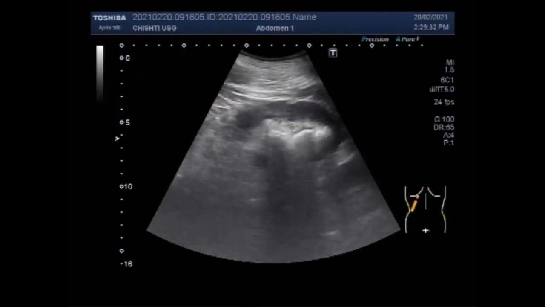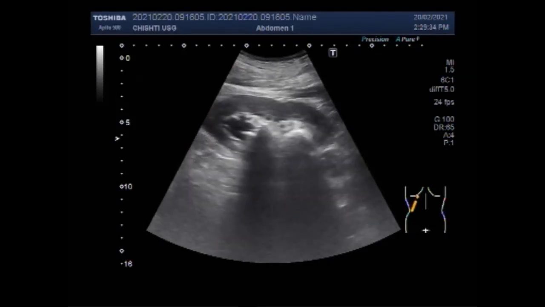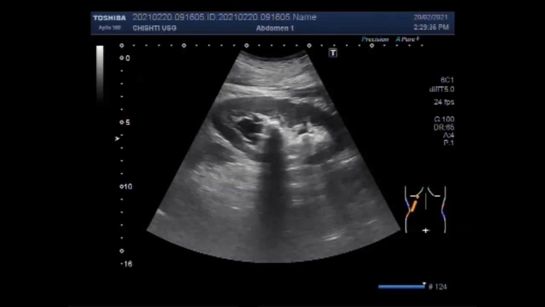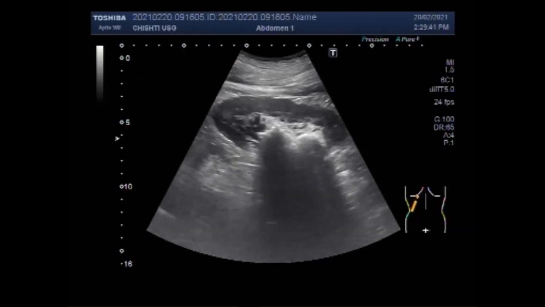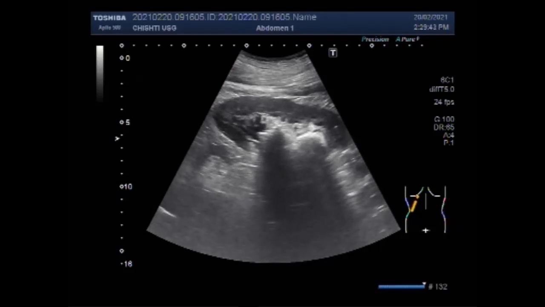Now you can see, incidentally, this patient also has multiple renal stones. You can see the left kidney and the pelvicalyceal system is dilated and whole of the renal pelvis is filled with multiple large stones.